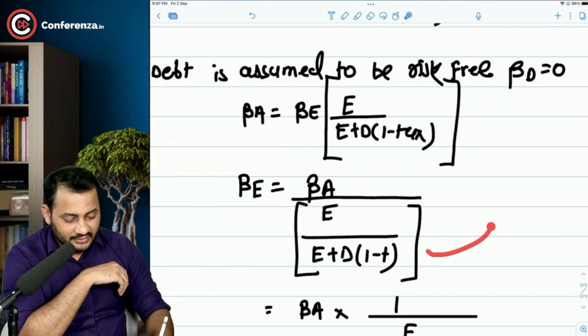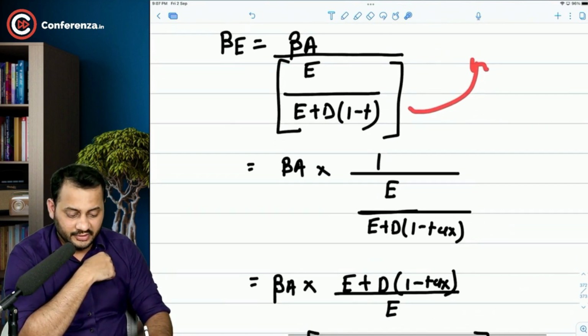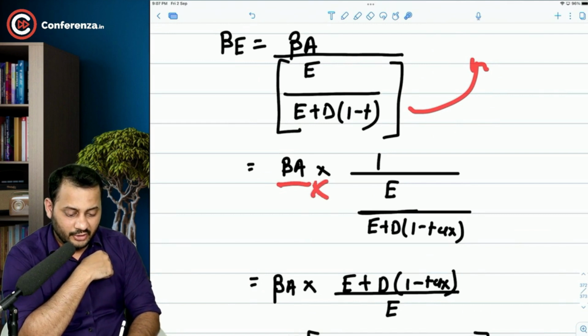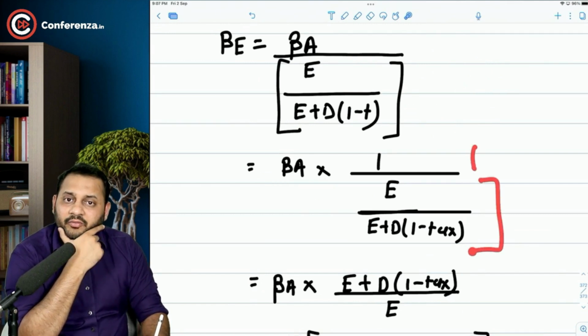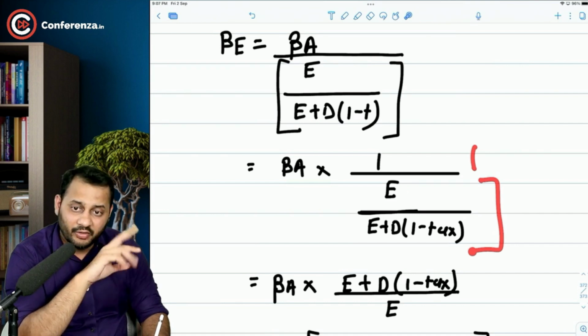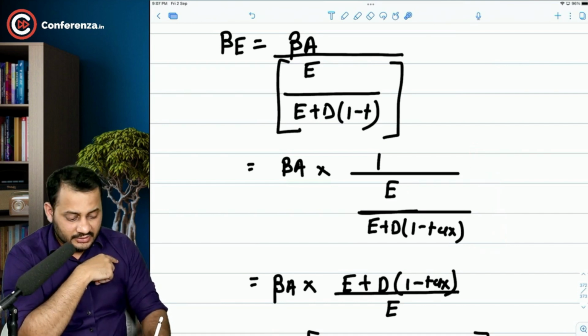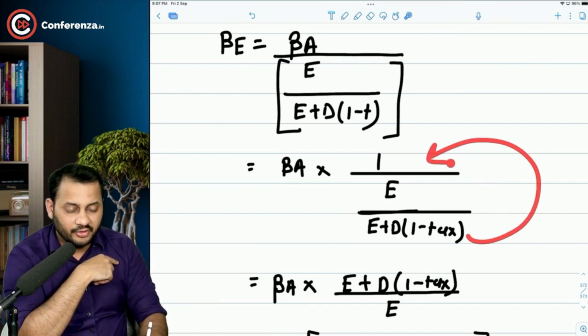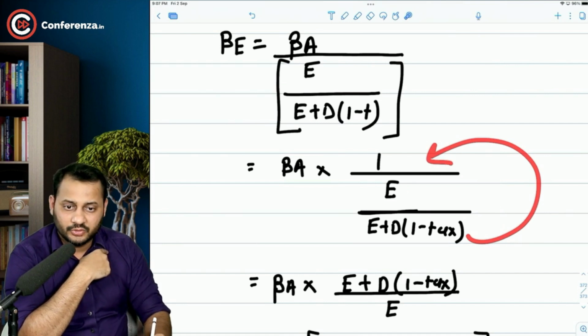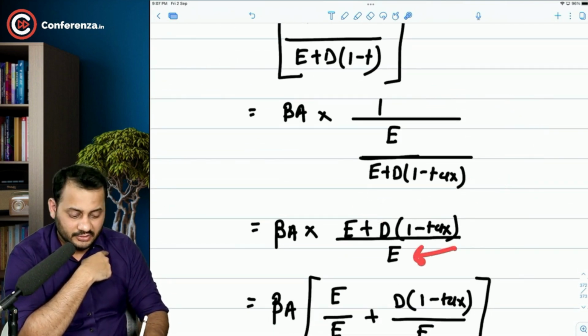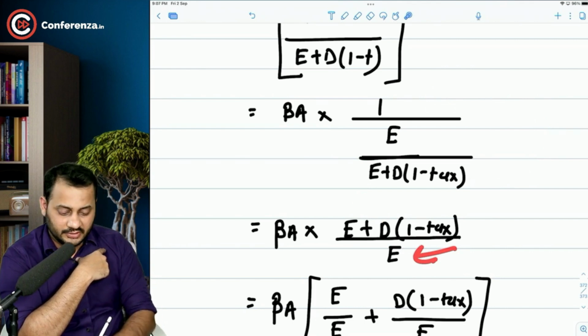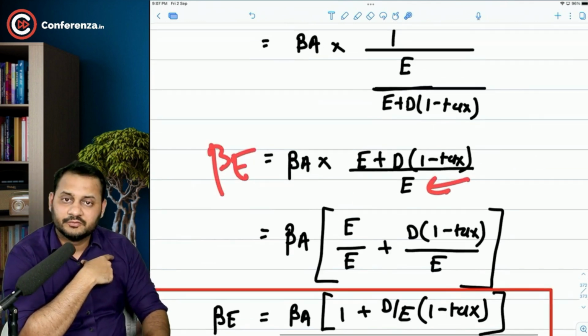Now you can take this as a separate part here as asset beta into 1 divided by E divided by E plus D into (1 minus tax). When you reverse this, this denominator will become the numerator. So equity plus debt into (1 minus tax) divided by equity. This is beta of the equity, right?